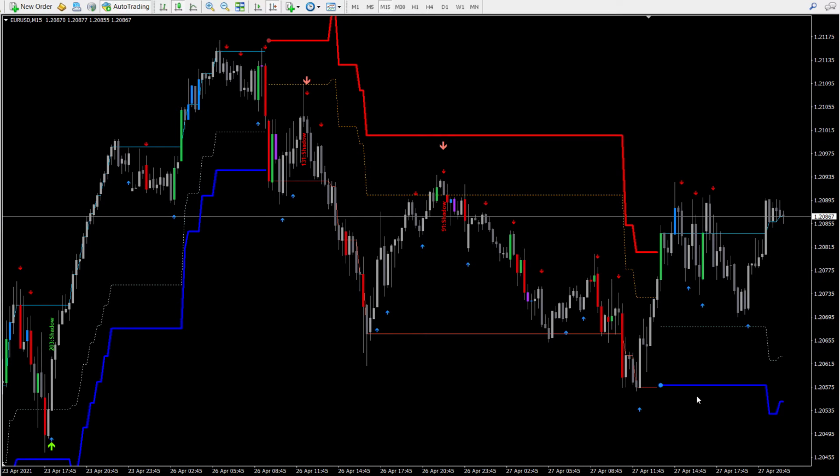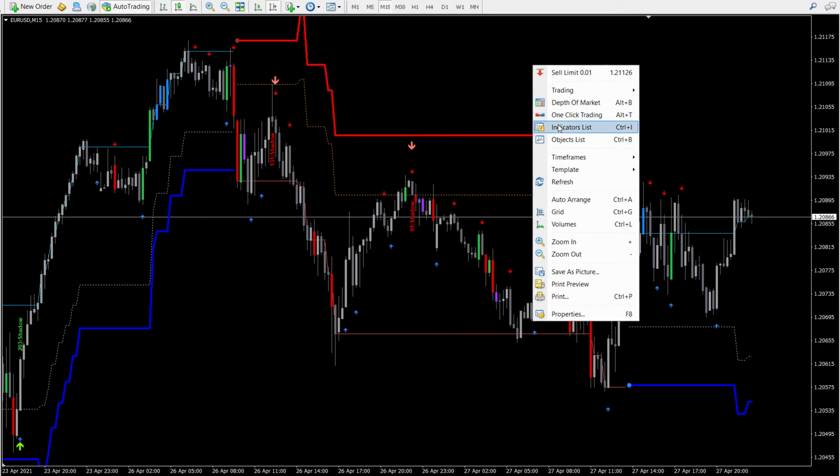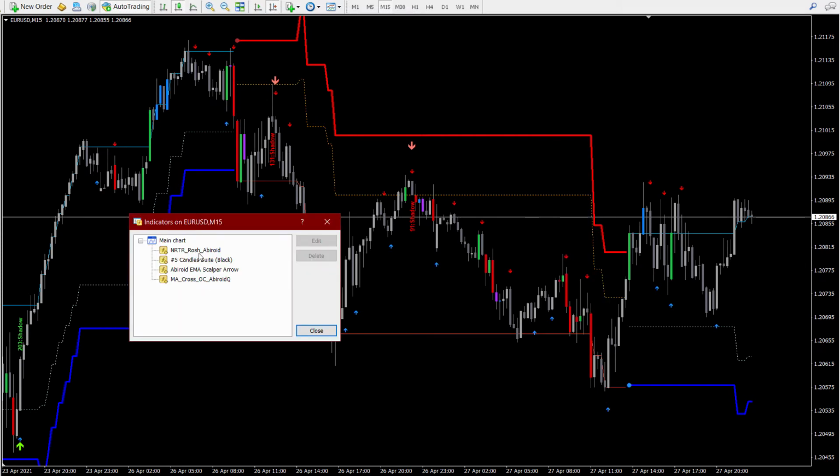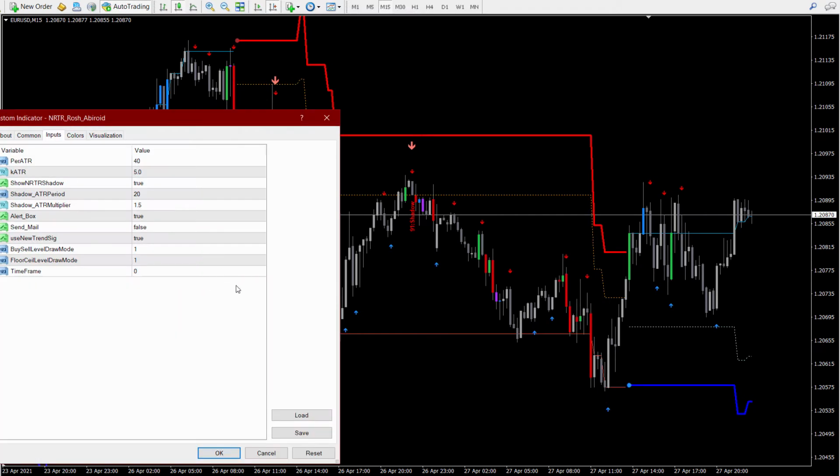Now NRTR is the support and resistance indicator, where these red lines are the resistance, and these blue lines are the support. Let me show you the extra indicator for NRTR. You can set the NRTR shadow multiplier, which are these dotted lines, this one light blue and this one orange, and you can set this multiplier to any value.